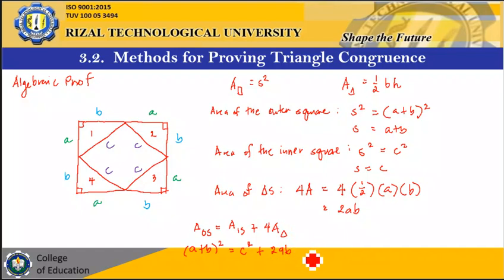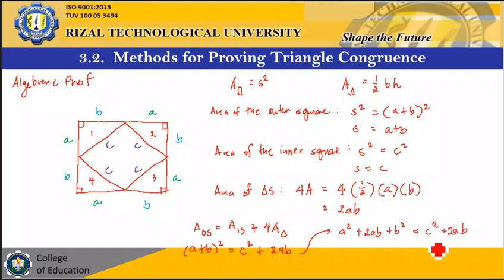Okay? And expanding the left part of our equation by squaring the binomial, we have A squared plus 2AB plus B squared is equal to C squared plus 2AB.